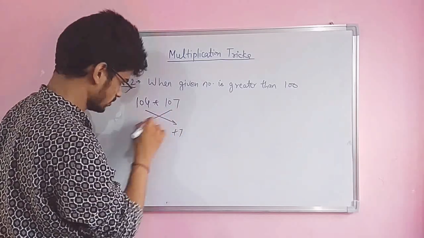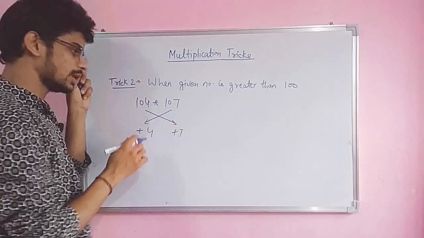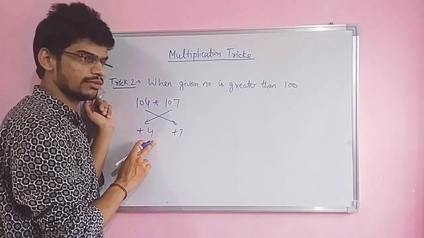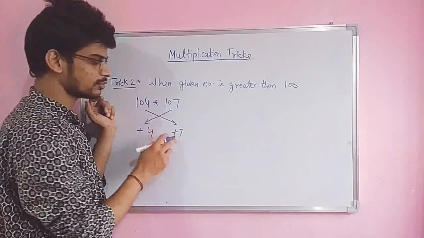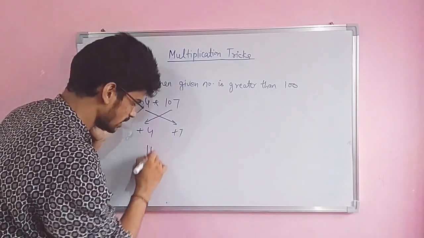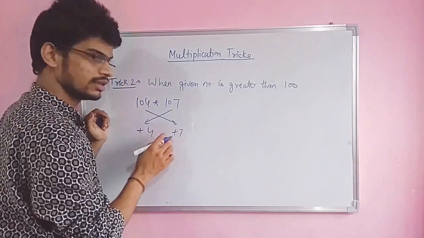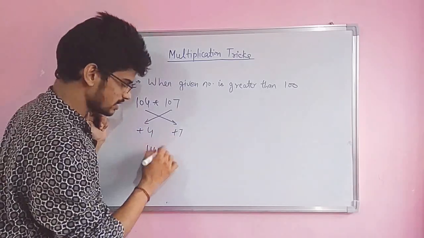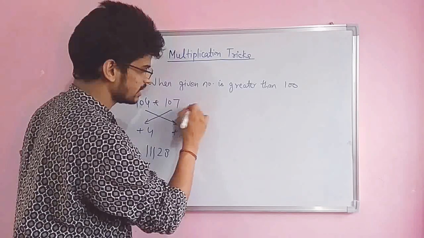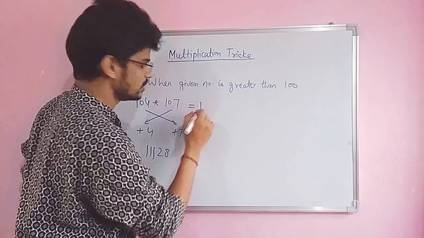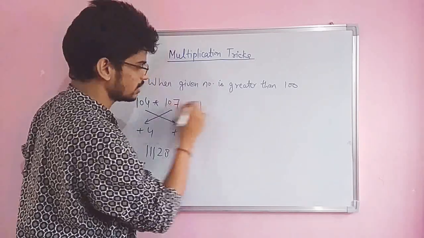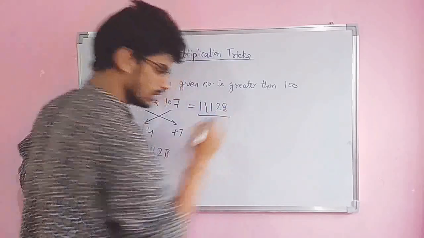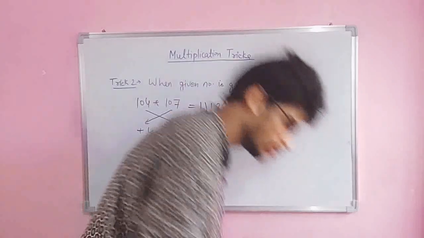Add these values diagonally. 107 plus 4, that is 111, and 104 plus 7, that is 111. Multiply these both digits. 4 multiplied by 7, that is 28. So now we get the multiplication of 104 multiplied by 107 is how much? 11128. Now move to the next category.